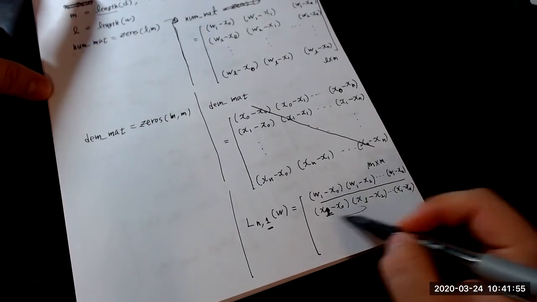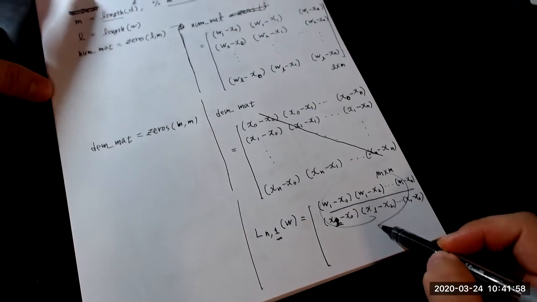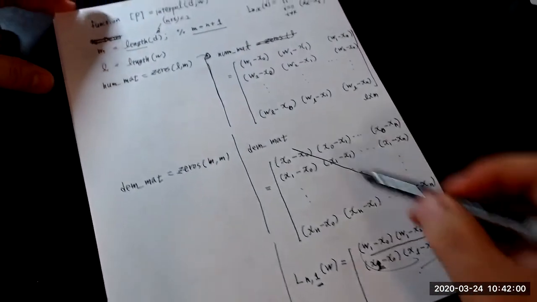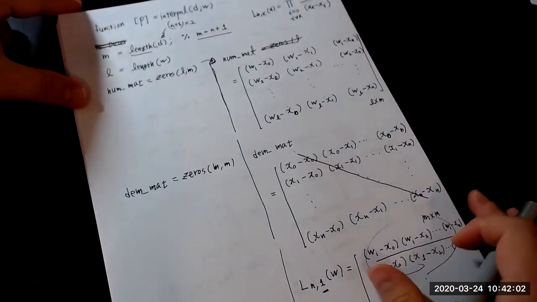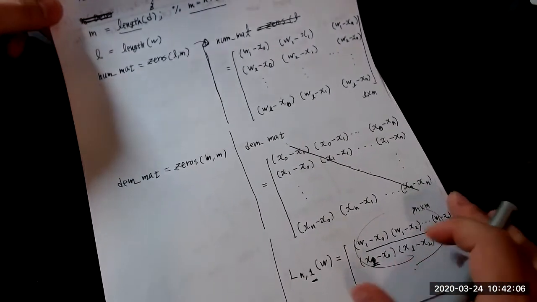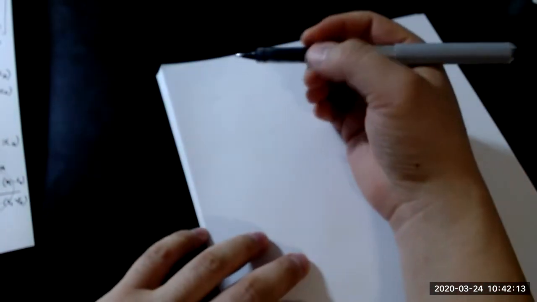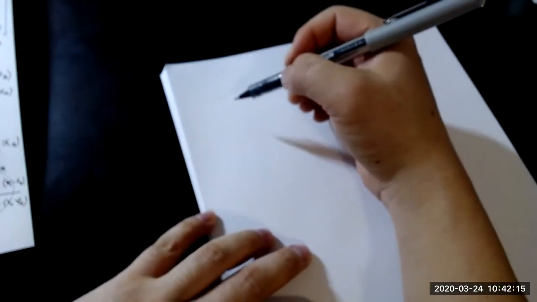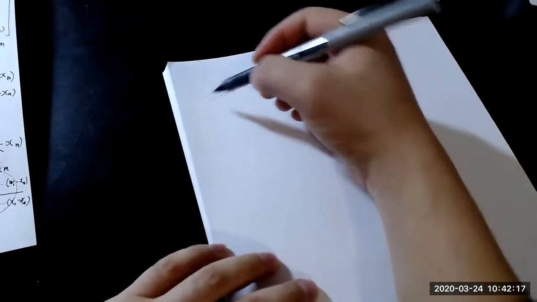Then how can you construct this one from those two matrices? That's what we have to do in MATLAB. Let me write it down again.